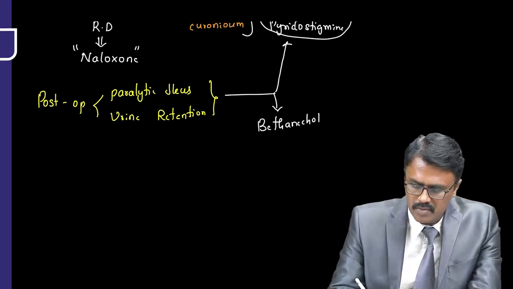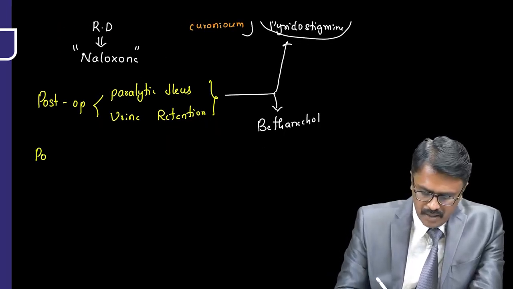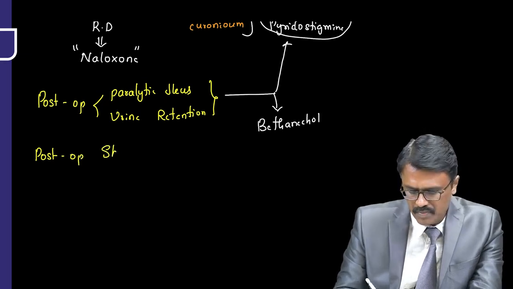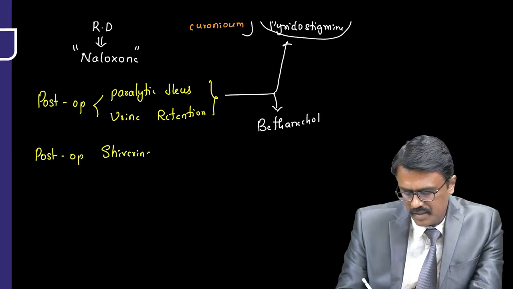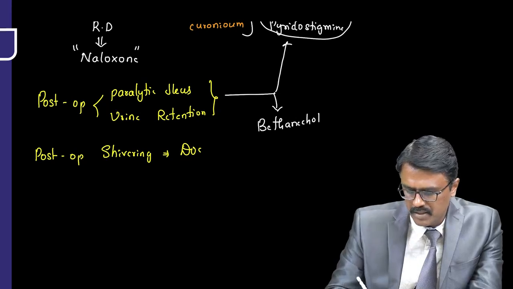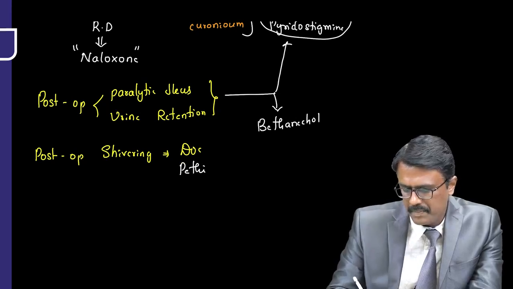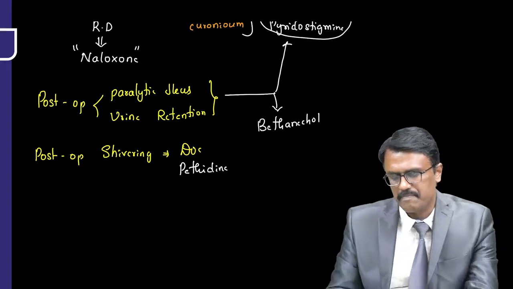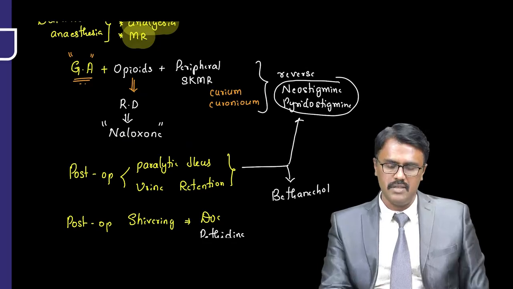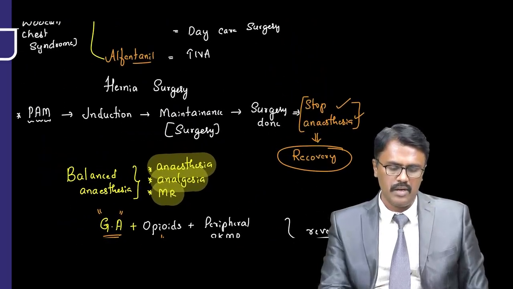One more complication that can happen post-operatively is shivering, and in the books the drug of choice is pethidine. So these are the options when the patient recovers after anesthesia, and this is how we reverse it.